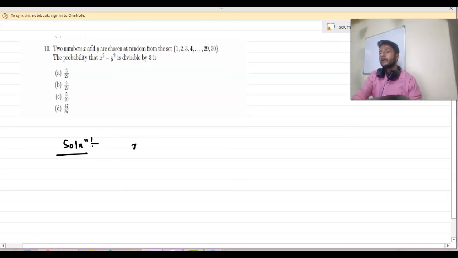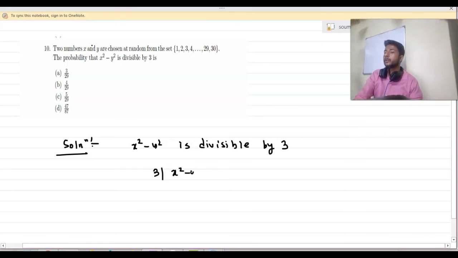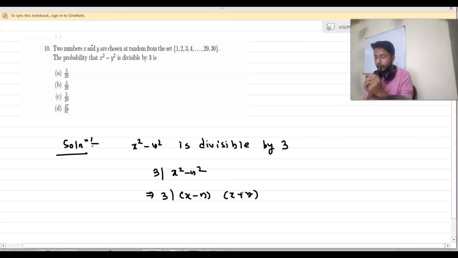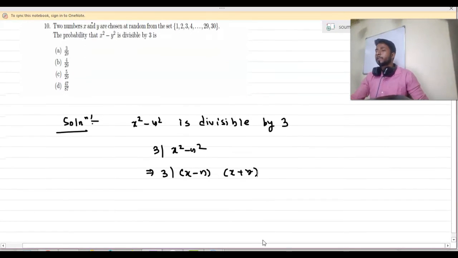So x square minus y square is divisible by 3. In other words, I can say that 3 divides x square minus y square, right? So I can say that 3 divides x minus y into x plus y, right?